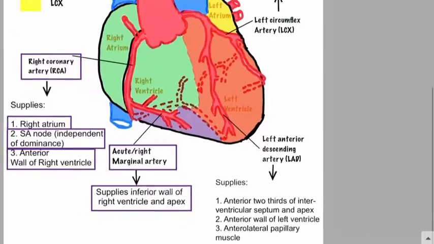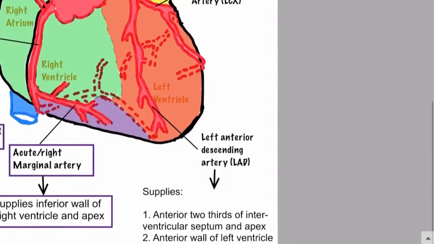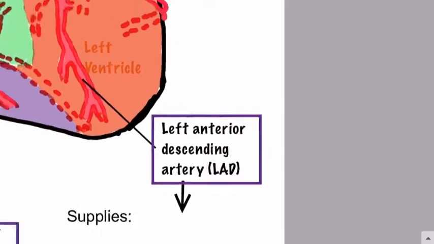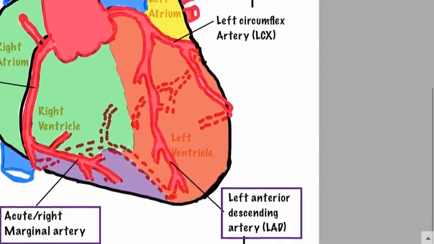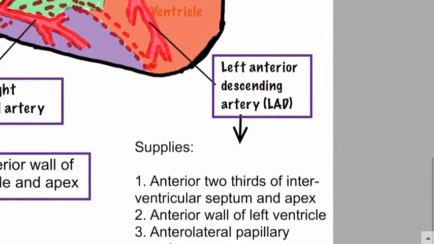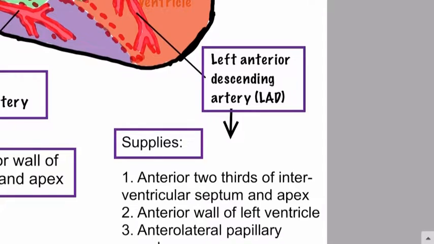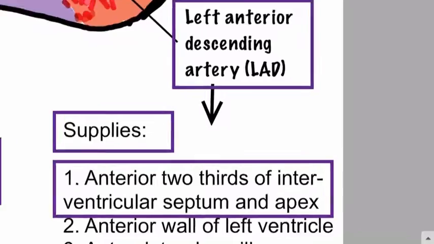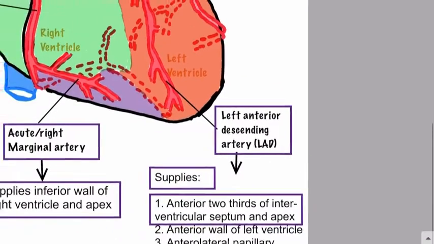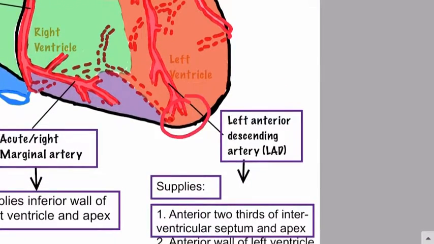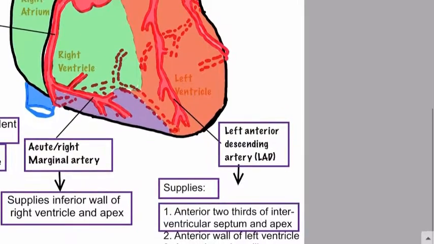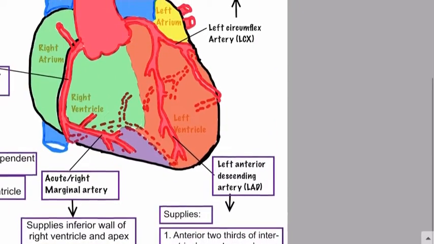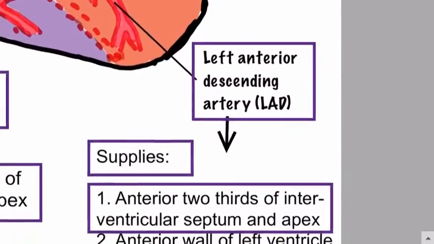Okay guys, the region of the heart supplied by the left anterior descending artery, or LAD, is highlighted with the orange color. You should know that the LAD supplies the anterior 2/3 of the interventricular septum and the apex. We can see that the LAD is supplying the apex.